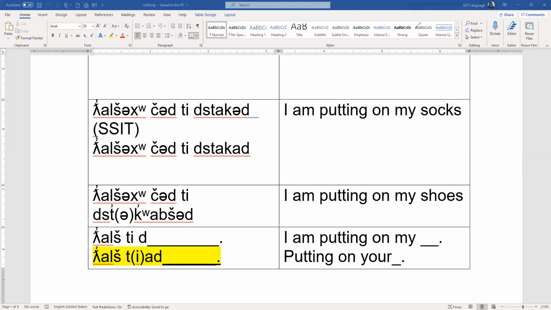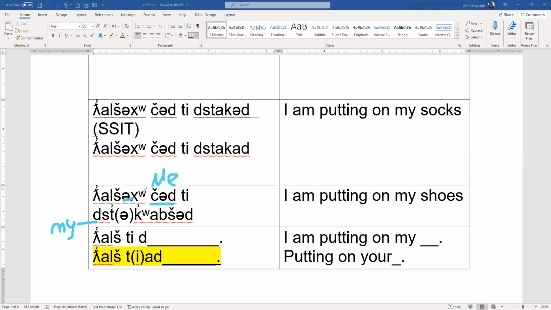Okay. So the chud is optional here. What I'm saying is optional is because this is I, right? So me, this, my.